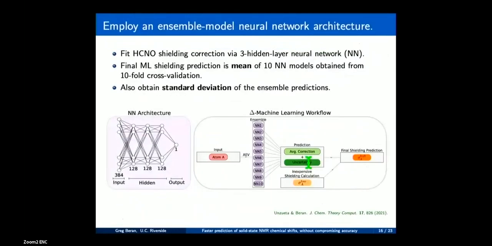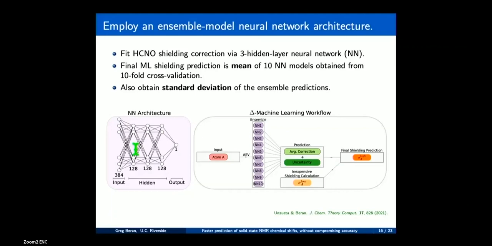The overall approach, again, I don't want to get too lost in the weeds, but it's a fairly standard 3-layer neural network architecture, so nothing too fancy there. We're doing a so-called ensemble model. This is important to some of the things I'll mention, which is the ensemble model is rather than just training a single neural network, we end up training 10 different neural networks that each have the same structure, but they're just going to end up with different optimized parameters because it's a complex, many dimensional optimization.